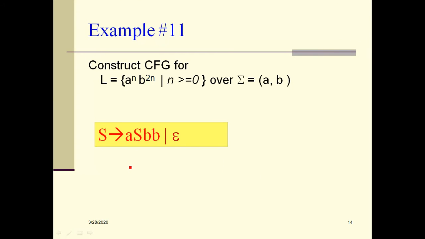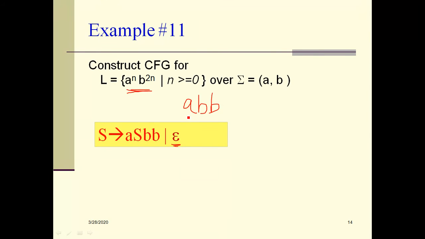So it is simple, right? We have A raised to power n, B raised to power 2n, and n is greater than or equal to 0. So the smallest string, if n is equal to 0, is no symbol at all. So S derives the empty string. If n is equal to 1, then the smallest string will be A followed by 2 B's, right? Obviously all A's first and then all B's, and the number of B's is double the number of A's.